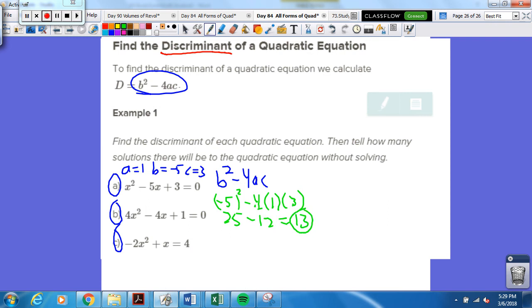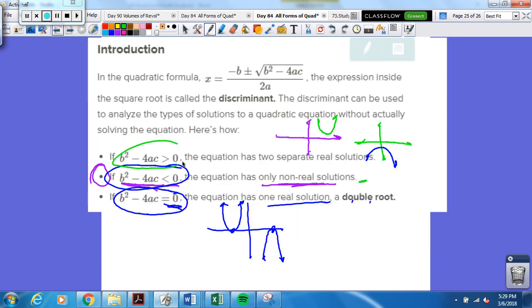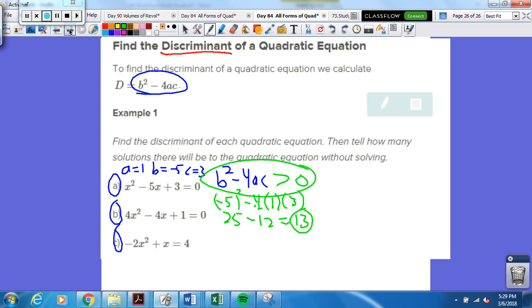Okay, so that means that my discriminant is positive. So what does that mean? It's positive. We have two separate solutions. My graph is going to look like that, with two solutions, roots, or zeros like that.